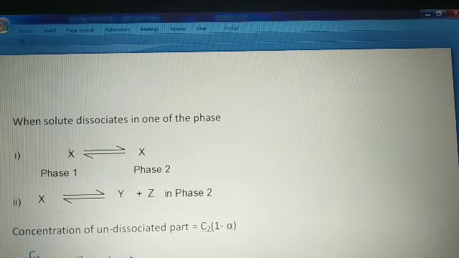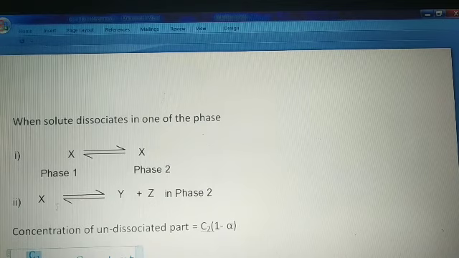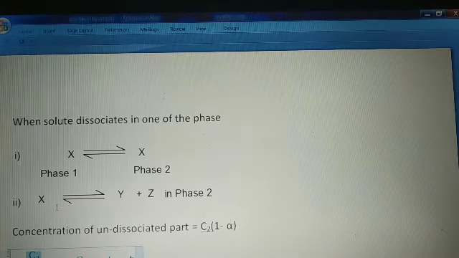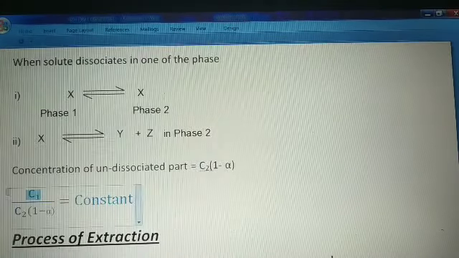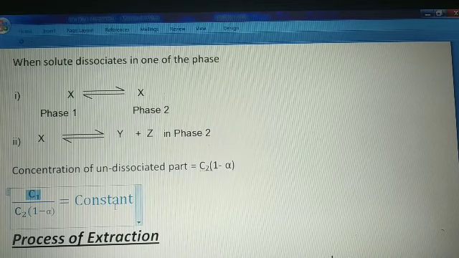Suppose C1 is the concentration of the solute in phase 1, and alpha is the degree of dissociation. Then alpha is the dissociated part, and 1 minus alpha is the undissociated part. Multiplying it by the concentration gives C2 into 1 minus alpha. That ratio is equal to a constant. So that is the Nernst distribution law, which changes as per the association or dissociation.